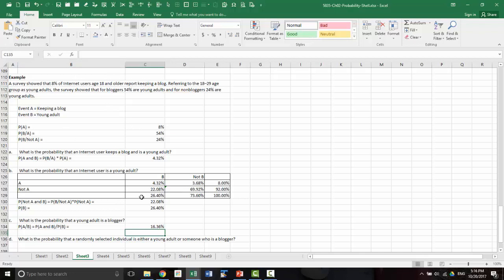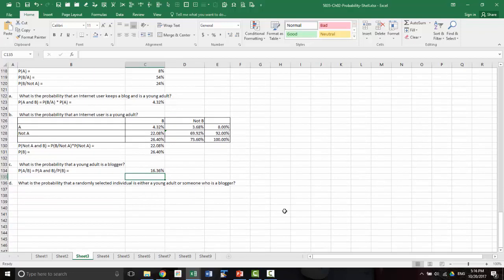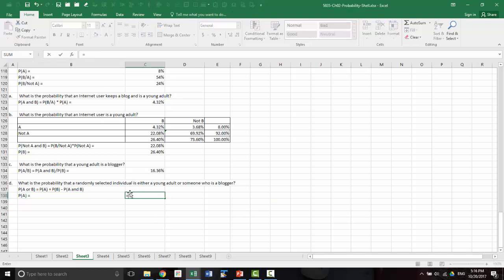What is the probability that a randomly selected individual is either a young adult or someone who is a blogger? So this is union, either or. It would be A union B, or A or B. That will be the addition rule: probability of A plus probability of B minus the intersection. Probability of A is there.